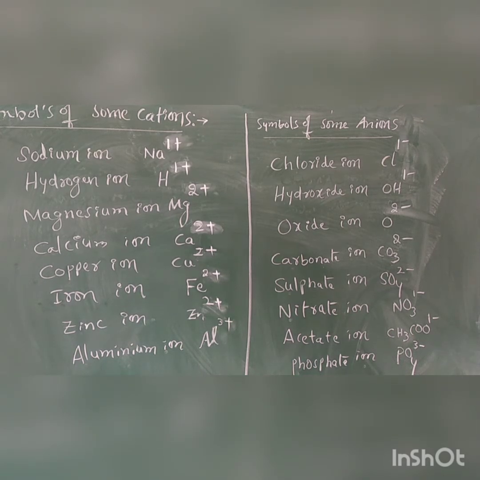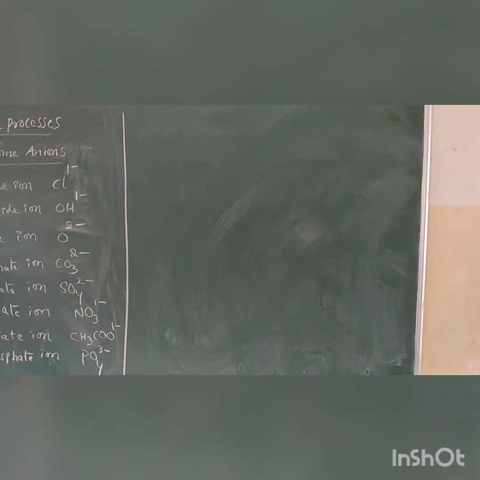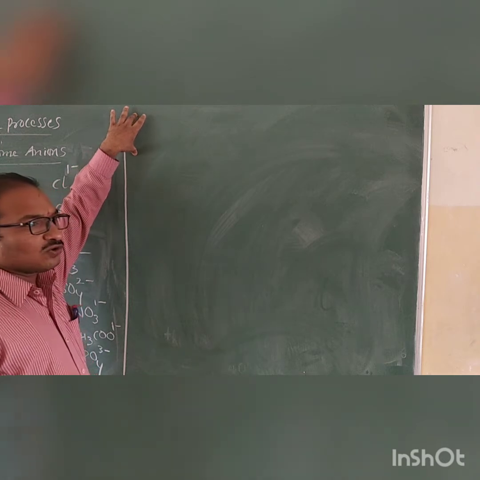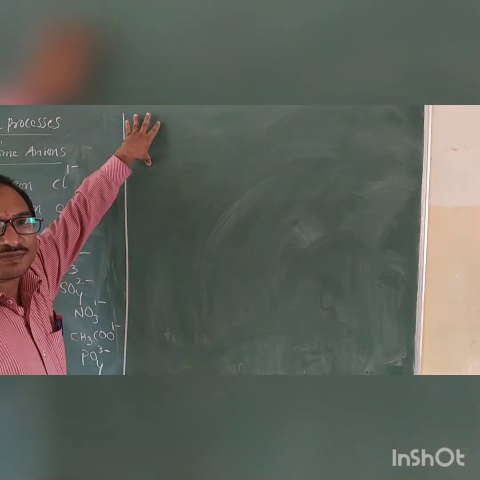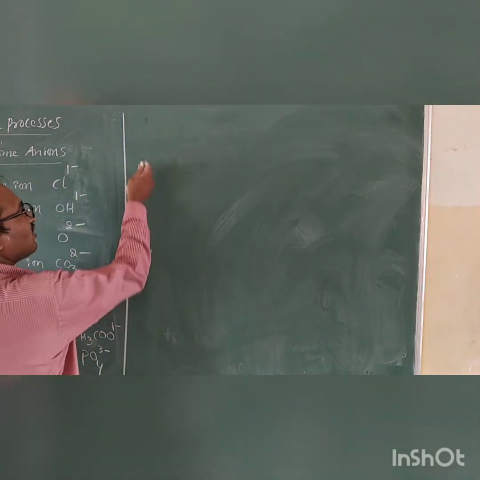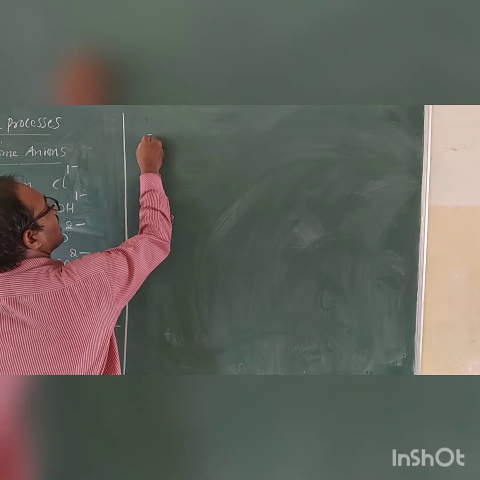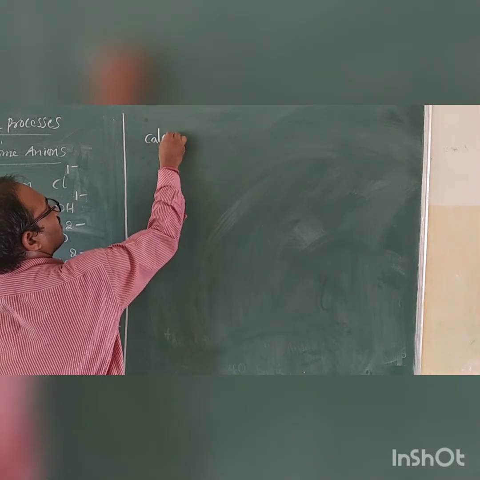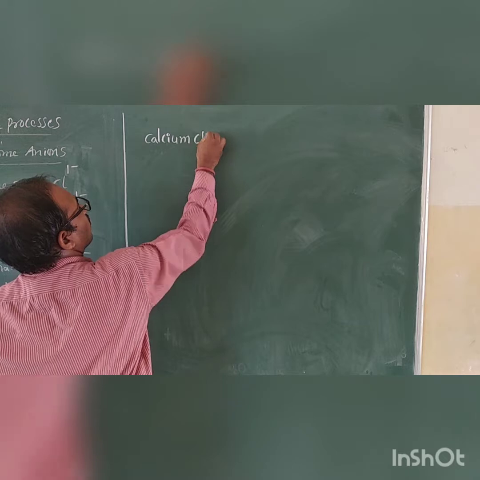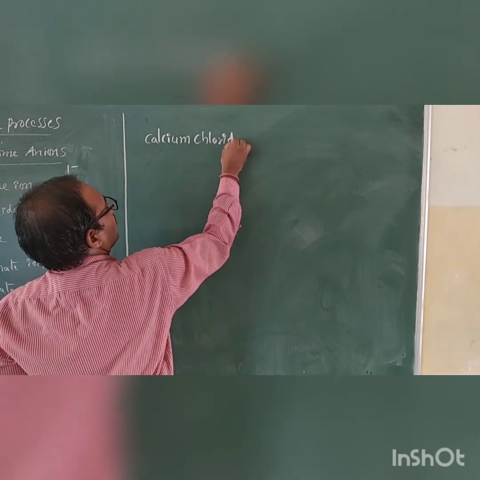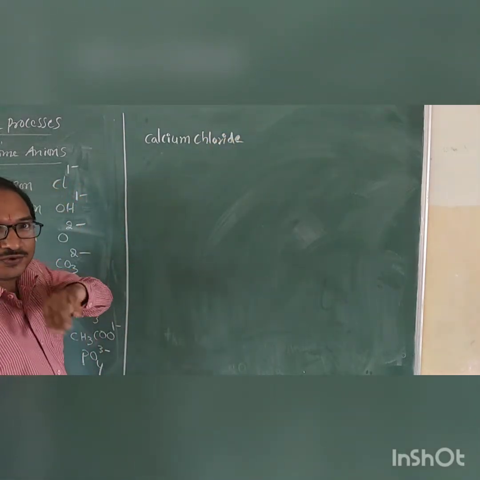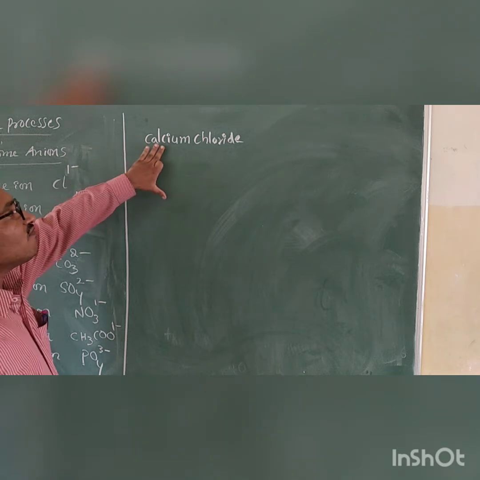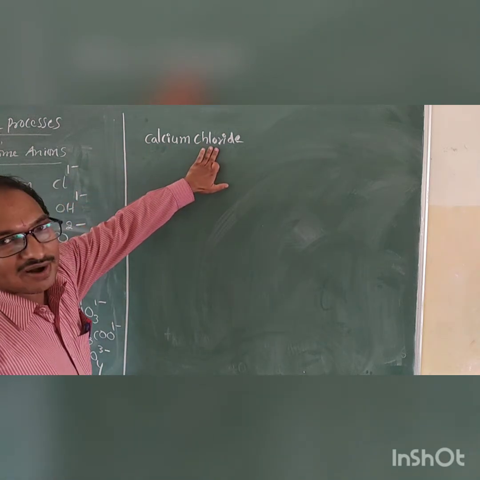Yes, children. Now I am going to write the chemical formula of a compound. For example, the formula of calcium chloride. First, I have to write the symbol of calcium ion and chloride ion.